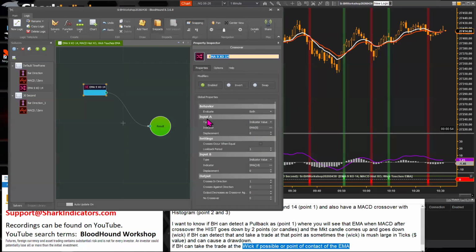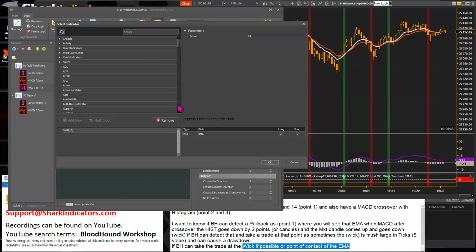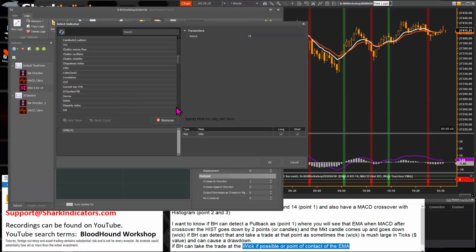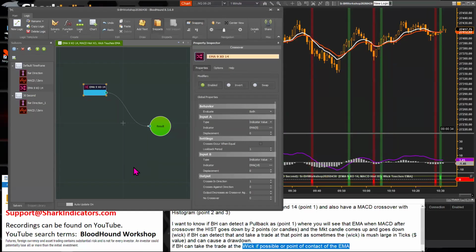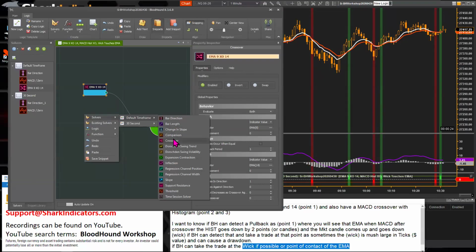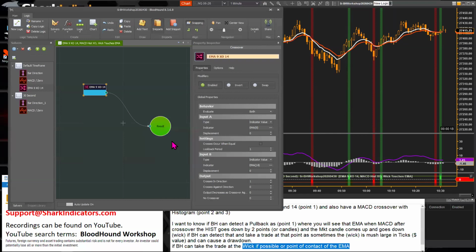I have the EMA plugged into input A. Now for input B, we'll plug in the EMA, and this time it's the 14 period, so we're good to go. That is the EMA crossover. Now we just need to identify the MACD crossover, so I'm going to add another crossover here.